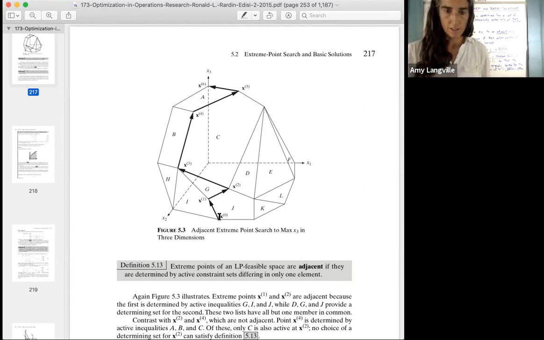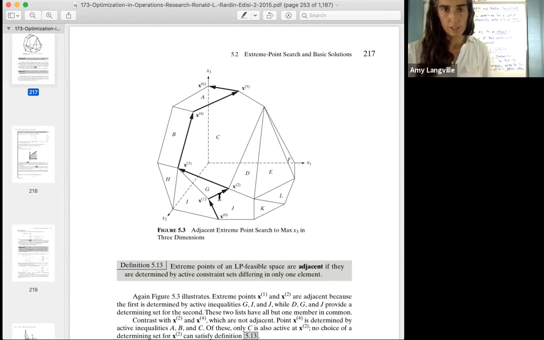So the set of active constraints at x0, we said was I, J, and x3 equals 0. And then at x1, it's I, J, and G. So again, they differ in that x3 equals 0 or the G, therefore they're active. And you can go ahead and walk your way through this and keep listing the active constraint sets at each and see that they do differ in just one element.